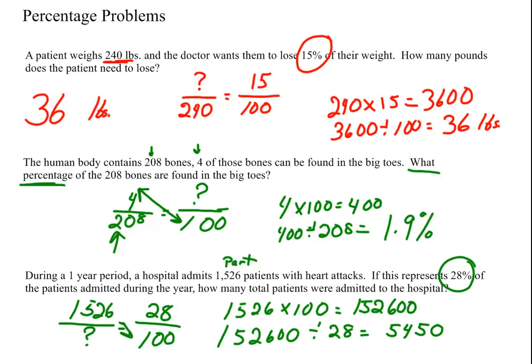So the hospital admitted a total of 5,450 people last year, or during the year that they surveyed. 28% of those people were admitted for heart attacks, and that total number was 1,526.